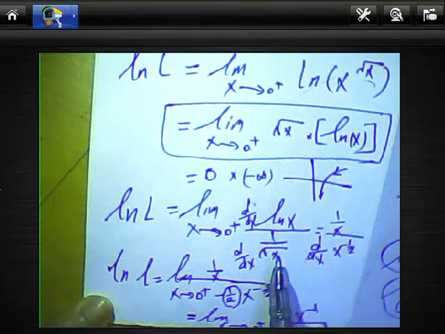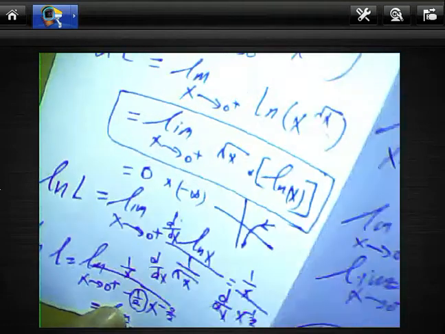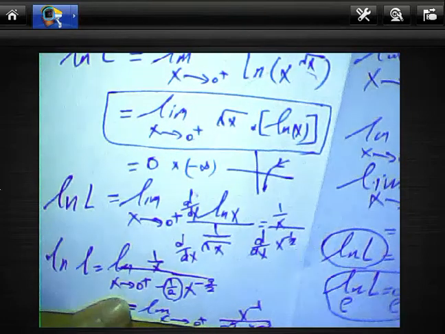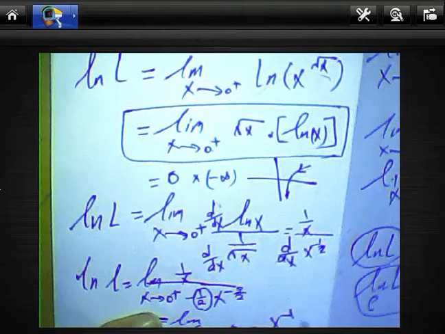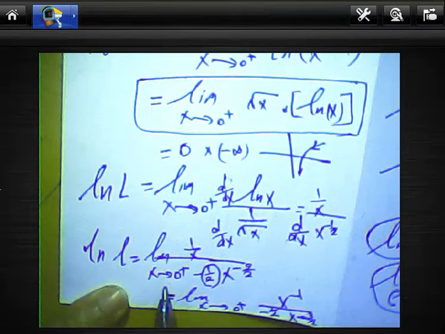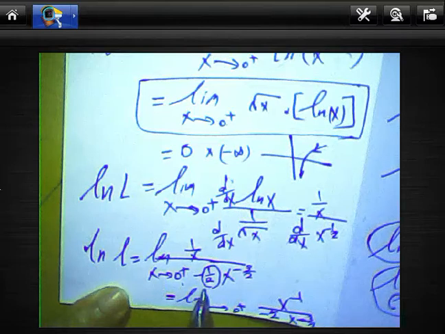We write 1 over root of x in the denominator to find the derivative of the numerator and denominator. The result will be 1 over x, over the derivative of x to the power negative 1 over 2, which means root of x. Then the limit as x approaches 0 plus of 1 over x over negative half.